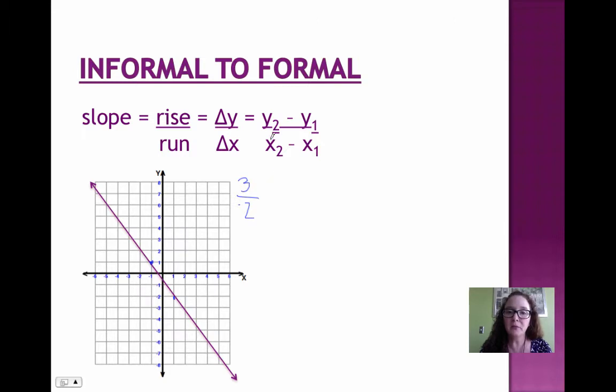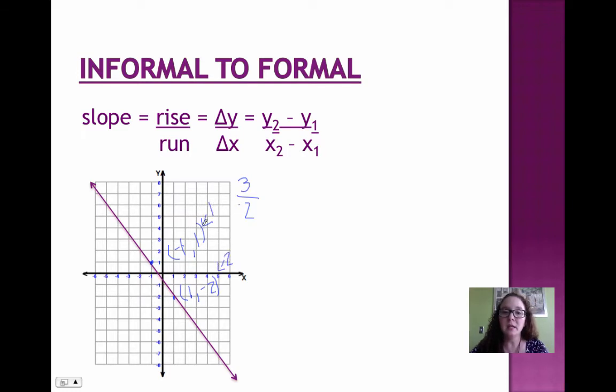The other way, if you want to go to the y1, y2, you need to write down the coordinates. So our coordinates here are (-1, 1), and our coordinate pair here, (1, -2). So what we do, we determine which set of numbers is our first number and which is our second. So I'm going to call this our first set and this our second.